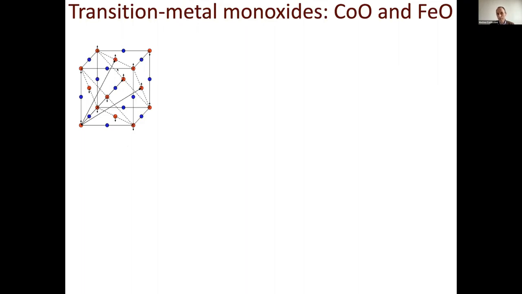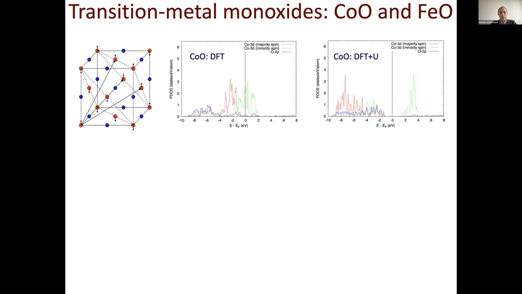They're all insulators, but DFT typically predicts either metals or insulators with a smaller band gap. So for cobalt, using the DFT+U, you can switch from a metallic ground state to a nice insulator one.